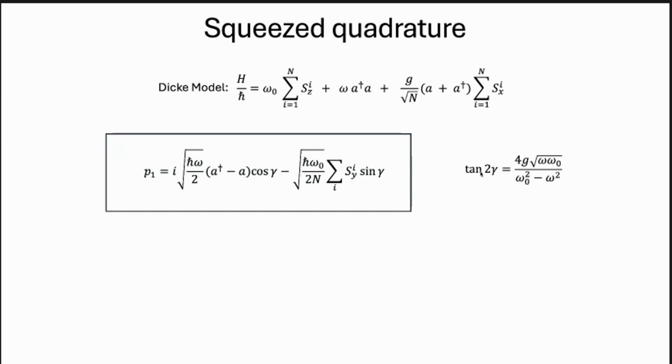And this angle gamma is actually controlled by the parameters of the Dicke model. Which is nice, because if one can tune some of these parameters, for example in the experiment I showed earlier, one can tune the relative weight of these two degrees of freedom in this squeezed quadrature. So depending on the value of gamma, one can make the squeezing mostly in the spins, or mostly in the bosonic mode, or equally distributed between both. All of these are possible.